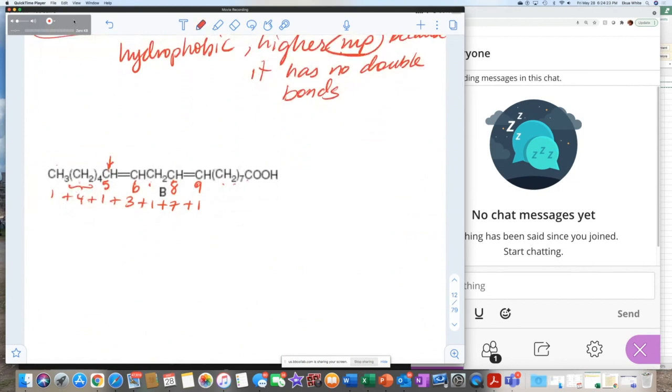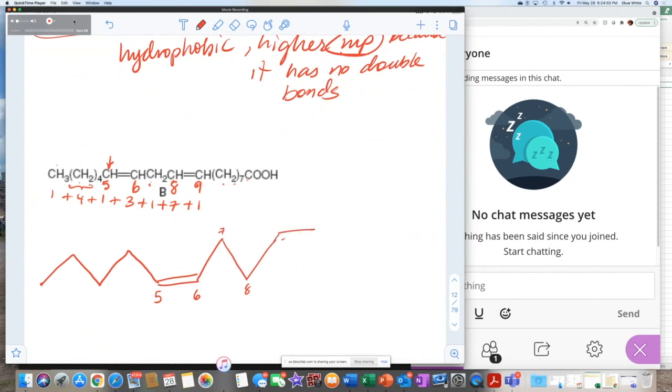Okay, so let's do this. I know I have 18 carbons total. So I'm going to go 1, 2, 3, 4, 5. This is carbon 5. Then I have to draw my double bond here. 6, 7, 8, 9. Oh, 9. Hold on. Oh, 7, 8, 9.